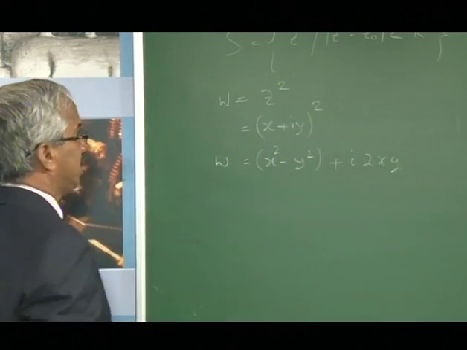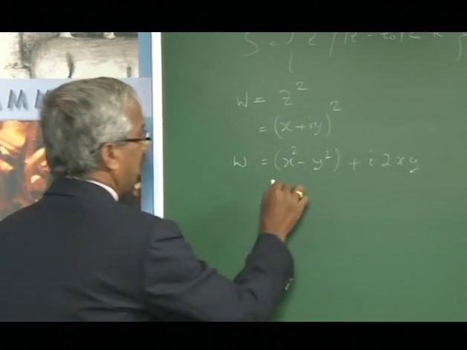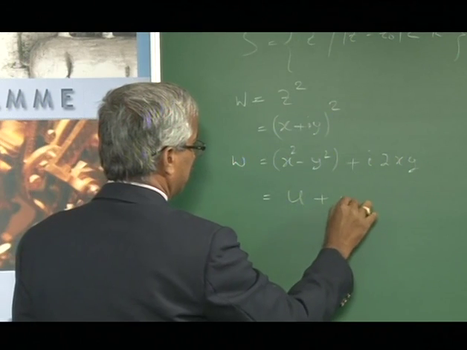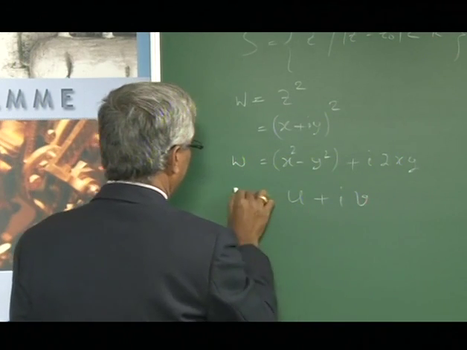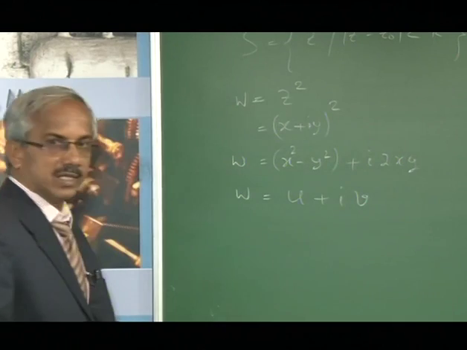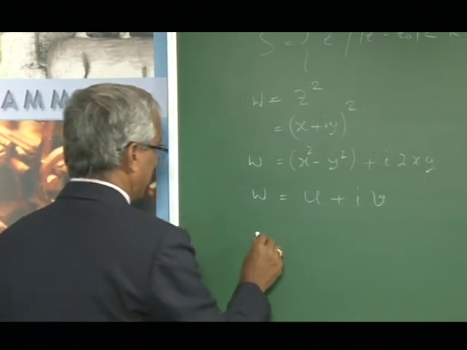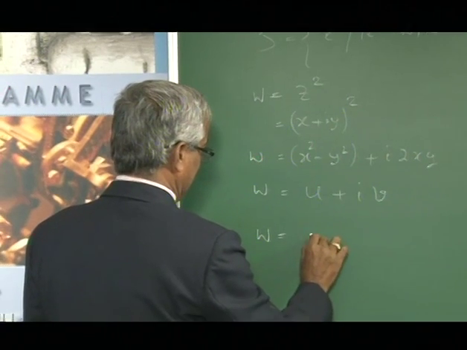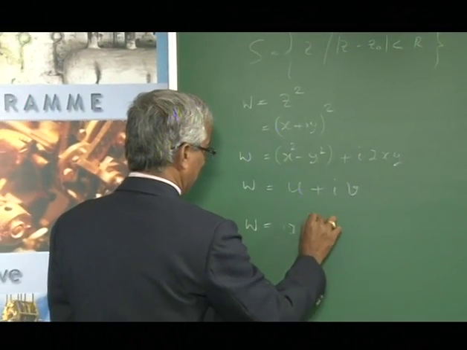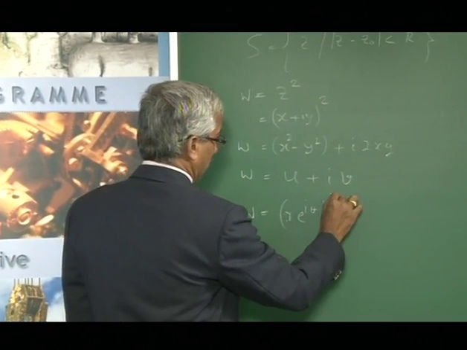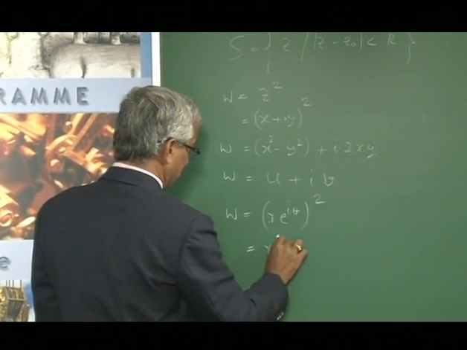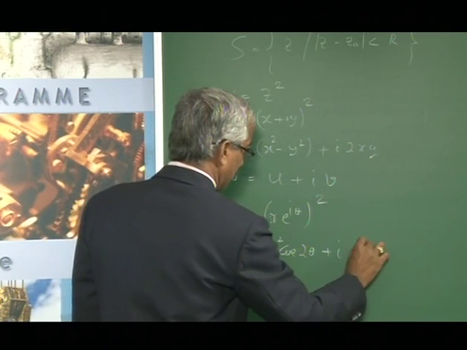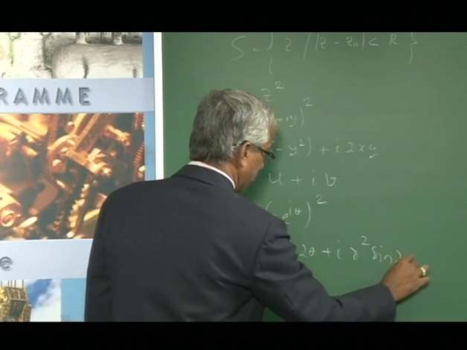That means for each value of z we have this formation. This we can represent in the case of a complex function w is equal to u plus iv. Similarly, in the polar form, we get (r e power i theta) whole squared. This gives r square into cos 2 theta plus i into r squared sin 2 theta.